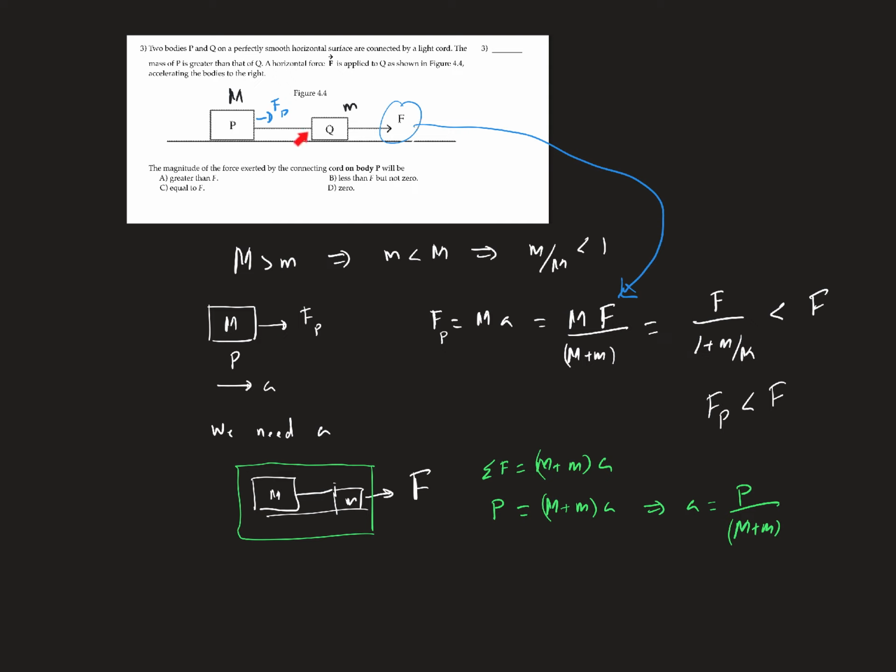If the force is in the right direction, the acceleration has to be to the right. There is no possibility that you apply a total force to the right, and the acceleration is to the left, because the total force is the mass times the acceleration.